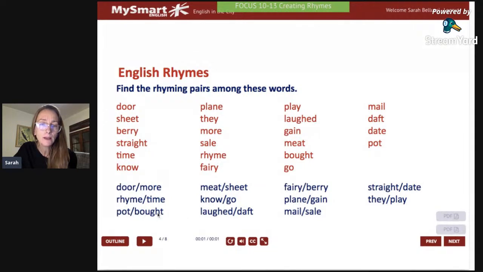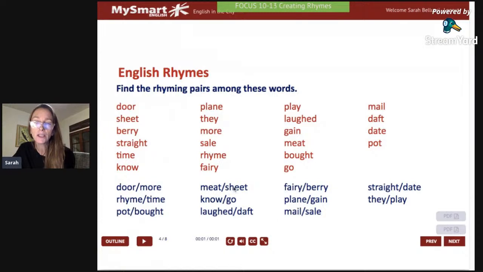Pot and boat. For me, this is similar to the fairy berry situation because I'm not sure I agree that they sound exactly the same. Pot and boat. Boat, for me, is a longer sound. Yeah, they sound similar, but not exactly the same.